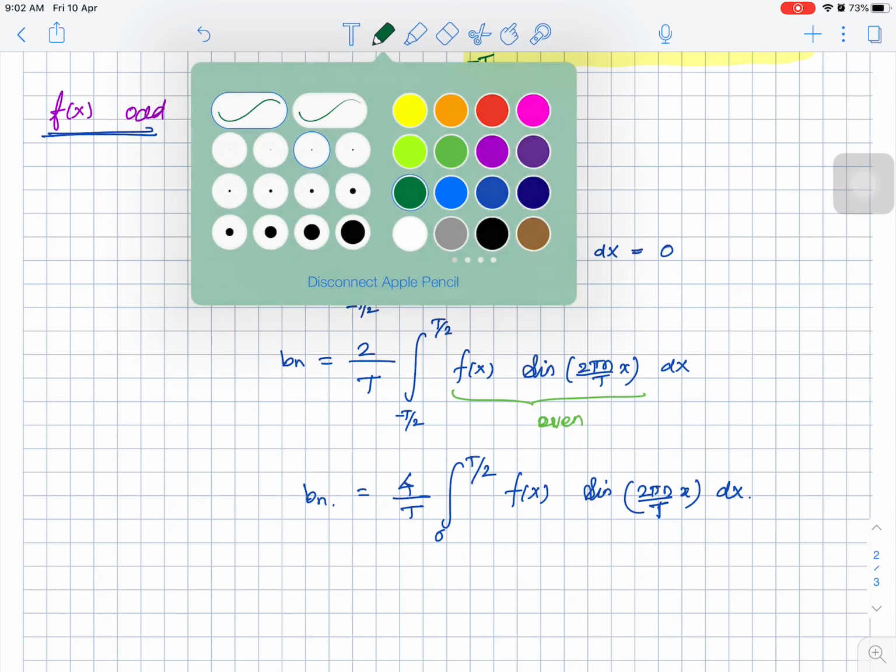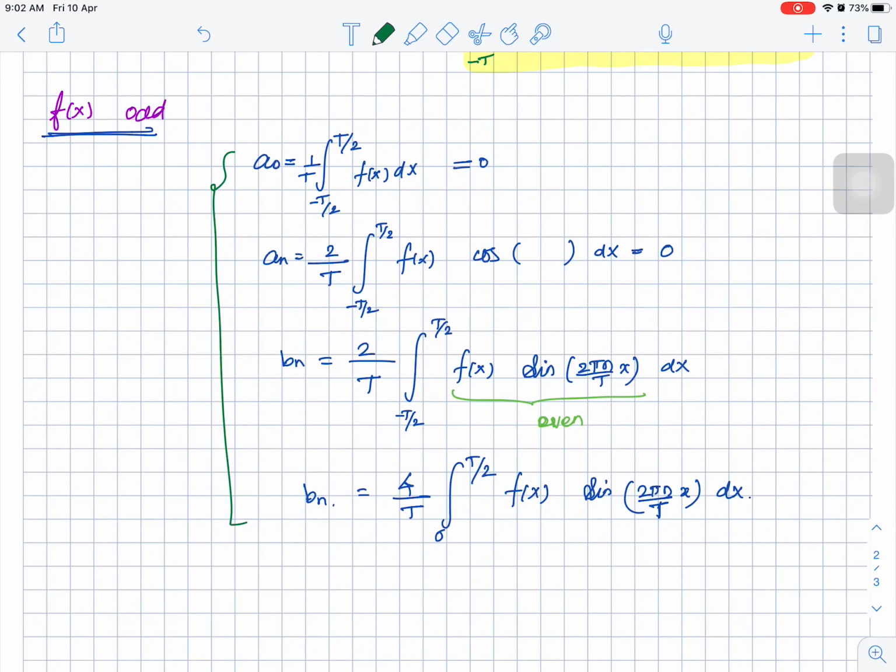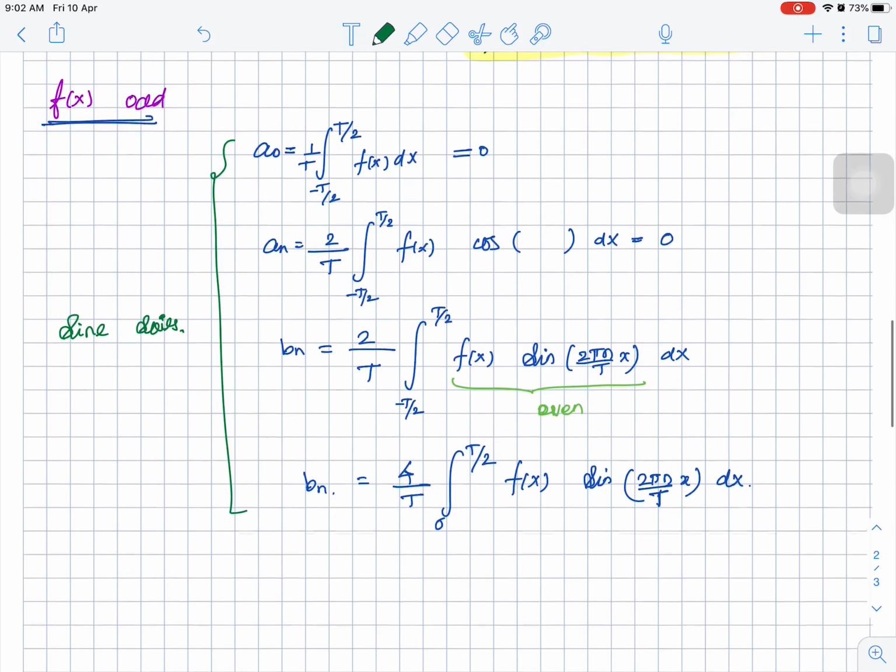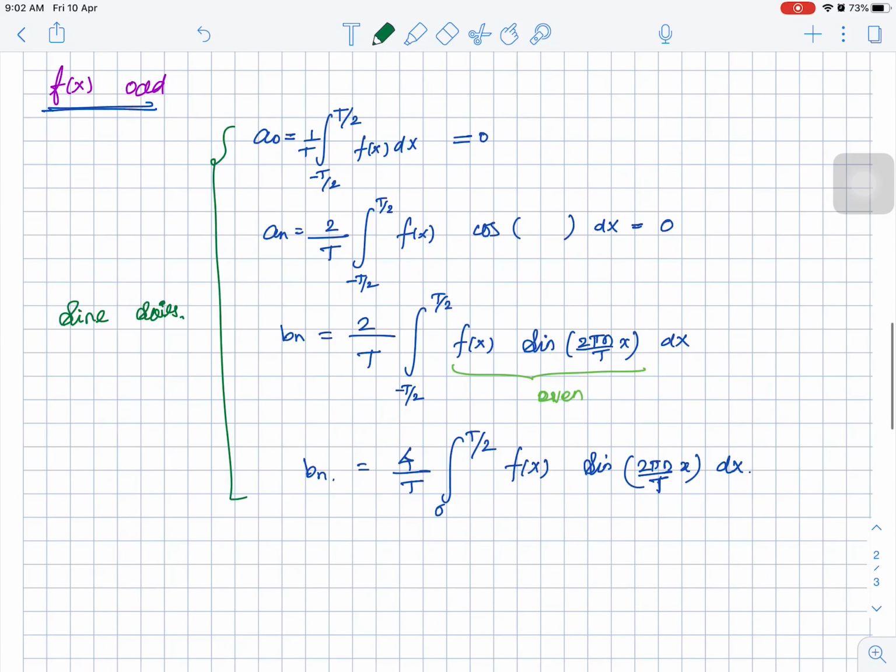This is called a sine series because it only contains the sine part. If you substitute in the above Fourier series equation, we only get a sine series.